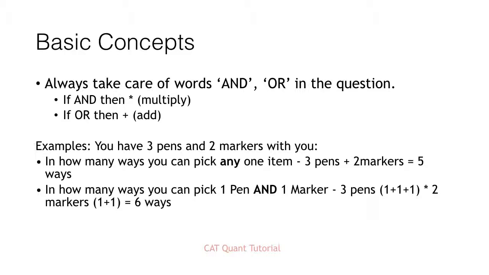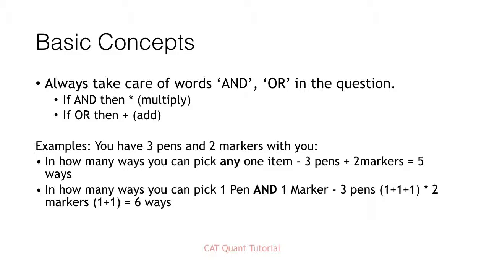Let's say I make it an AND question by asking in how many ways you can pick one pen and one marker. 3 pens are there, so I can pick one pen in 3 ways, 1 plus 1 plus 1. 2 markers are there, so I can pick one marker in 2 ways, that is 1 plus 1.